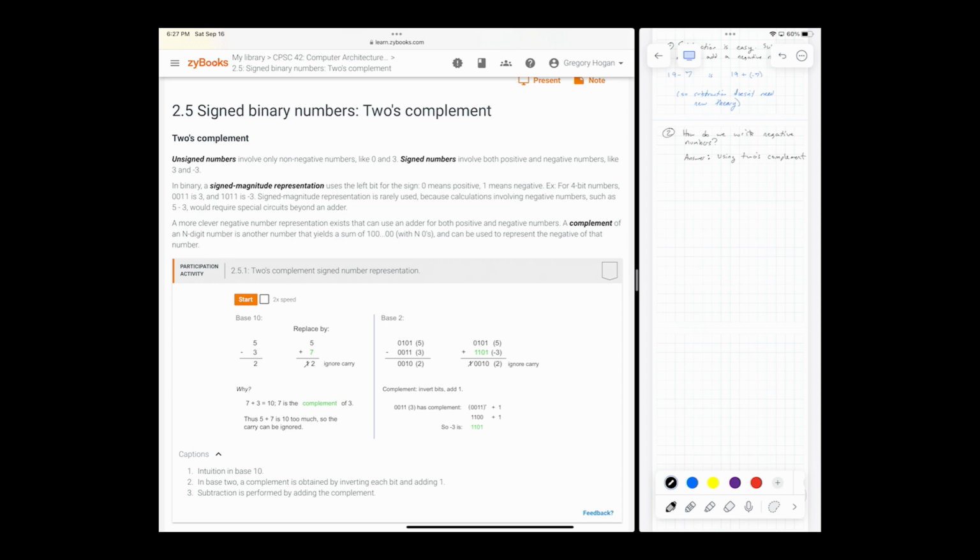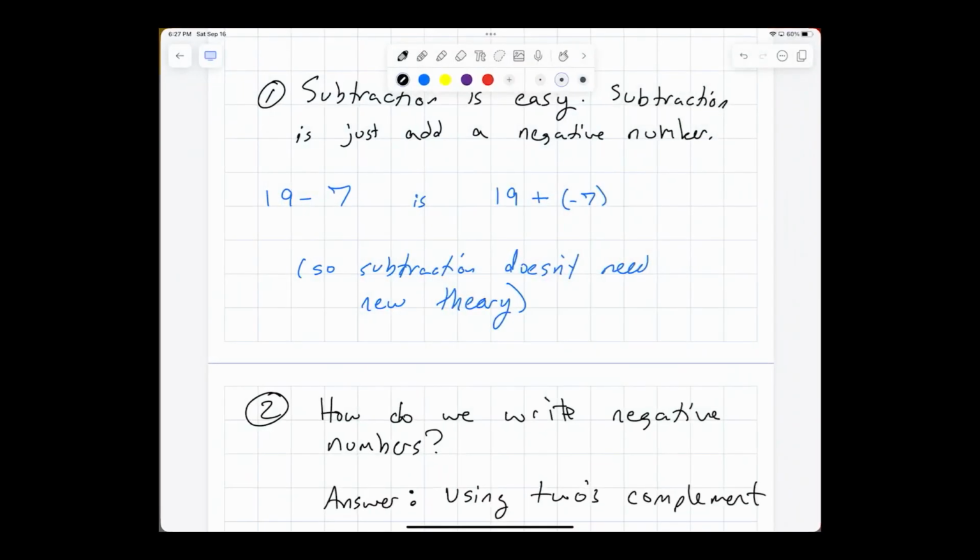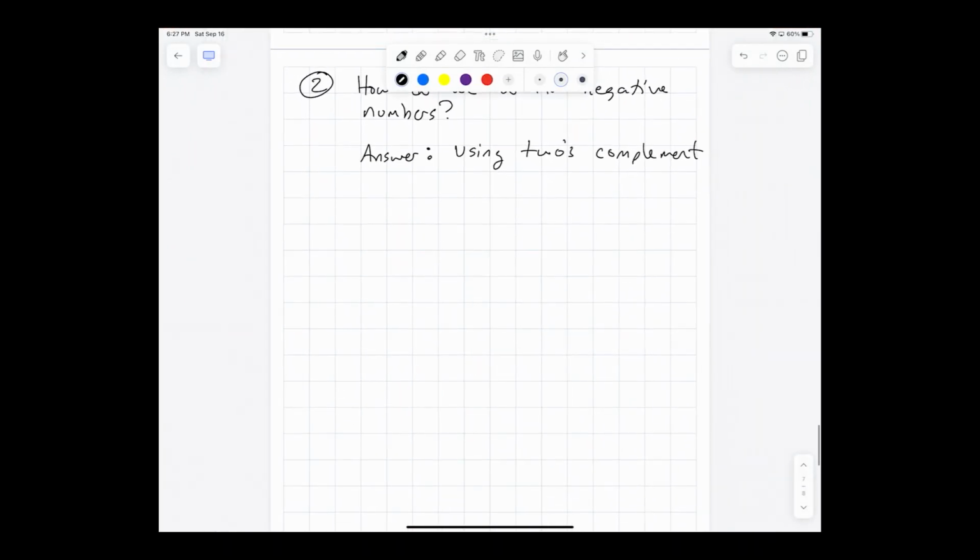Now, let me motivate this a little bit. So one easy thing we could do, they go over it right there, so it's not really off topic, but forget two's complement for the moment.